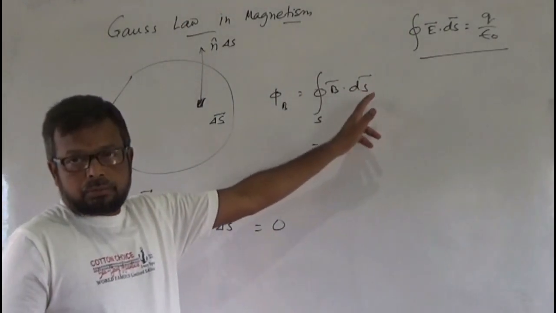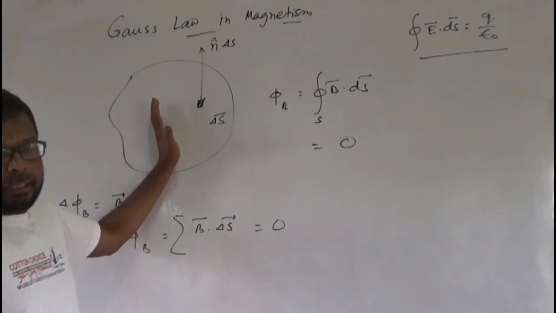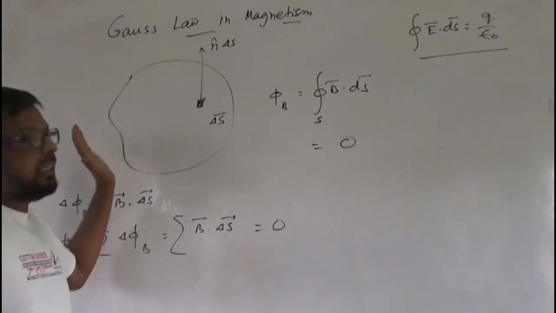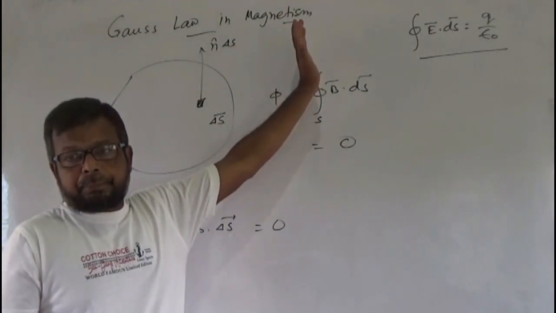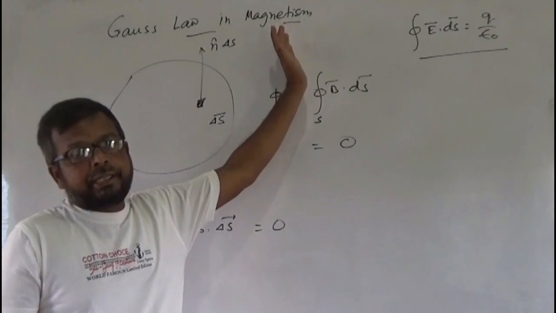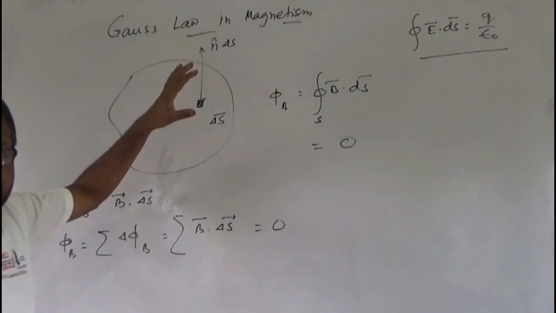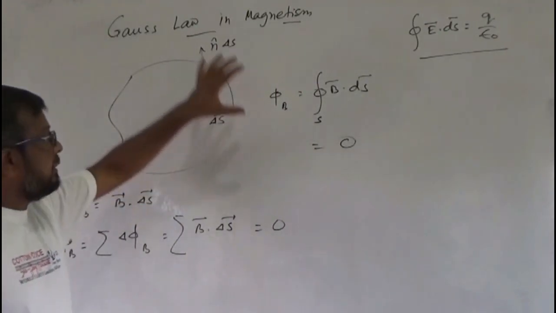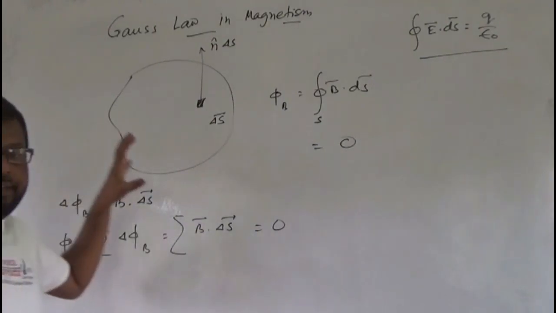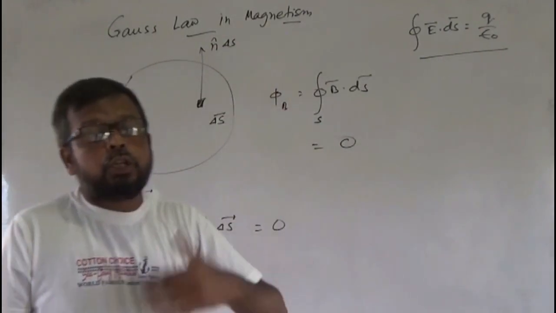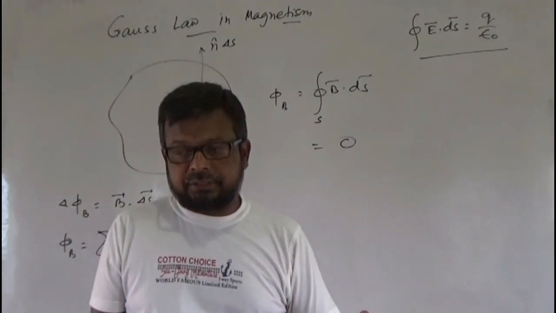Then this will be 0, because if the field lines entering perpendicularly into the surface are taken as negative, then the field lines exiting or leaving the surface perpendicularly are taken as positive. If the net flux is 0, then the positive flux should be equal to the negative flux. So we can say the number of field lines entering any closed surface will be equal to the number of field lines leaving that closed surface.